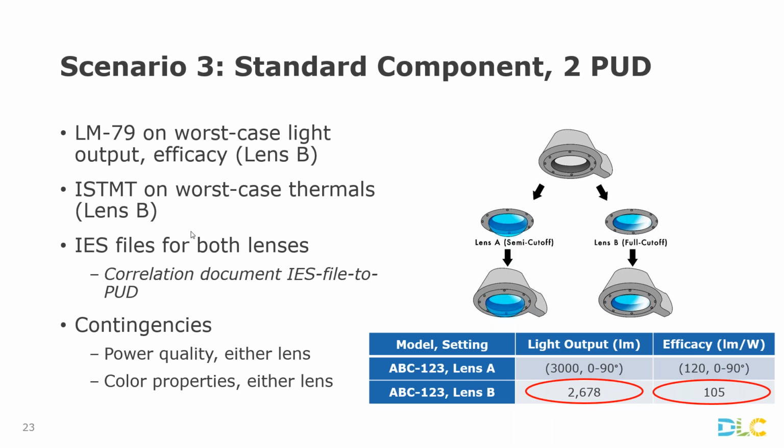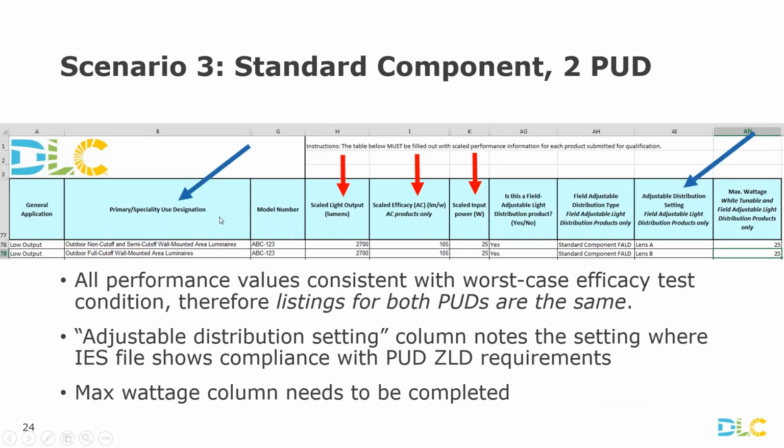So now moving to the next slide, how would the application form on this look? It is similar in many respects to the integral scenario, but to call out specifically the scaled light output, scaled efficacy, and scaled input power, those vertical red arrows are pointing out that although they're in two different primary use designations, and even though the in-field performance, if it were installed with a lens intended for that end-use application, would be slightly different, because of the listing principle that DLC has in place, the listing performance values have to be consistent with the test condition.